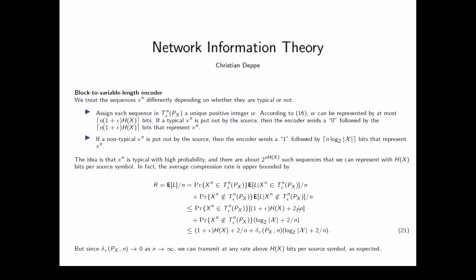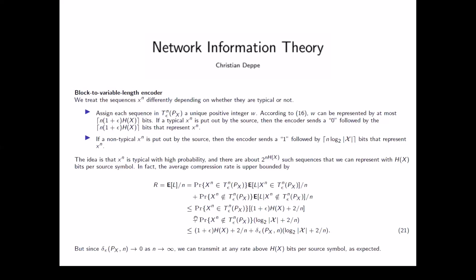So this should be in brackets perhaps. The 2 just comes from, because of the rounding, we have 1 bit more, and because we sent some additional bit to signal the 0, that we send a typical sequence. And the same here, if we send a 1 and then log 2 of the alphabet size over n.